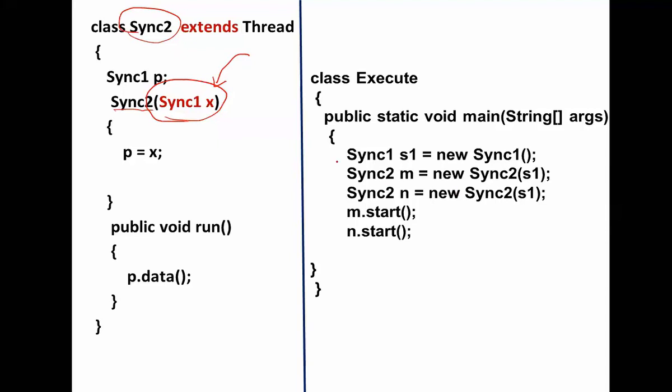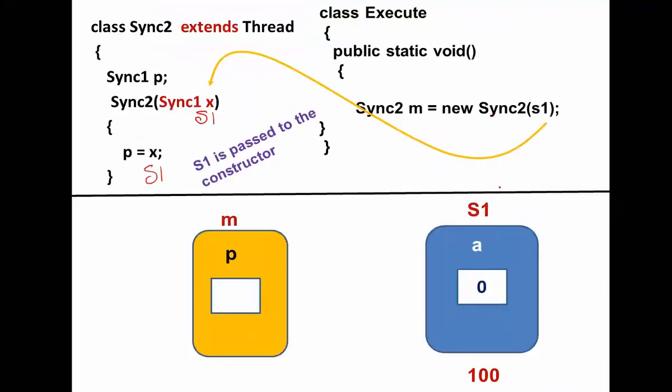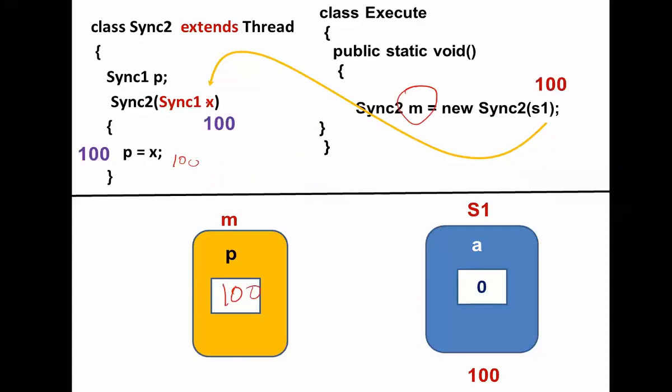So that is why while creating this object M, I'm passing S1, which is an object of class sync1. When I pass this S1, it is actually the address of that object that gets passed, which gets copied into P. So this is how P, which is inside M, which is a thread, now has access to this object S1.